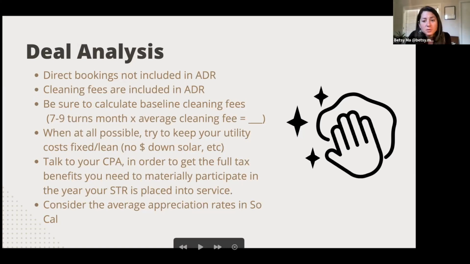Because when you're doing your analysis, you don't always want to just do what you see with the property and the money in, money out. There's the tax benefits, there's the appreciation, all those unseen forces that are also making it more lucrative to get into short-term and midterm rentals. So consider those as well.